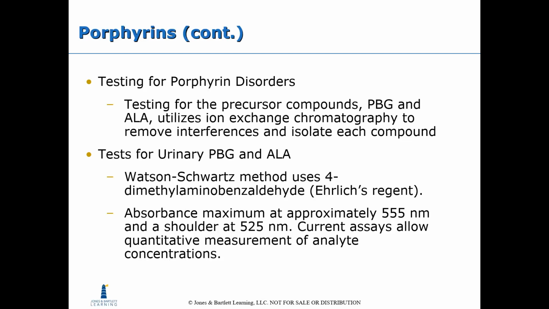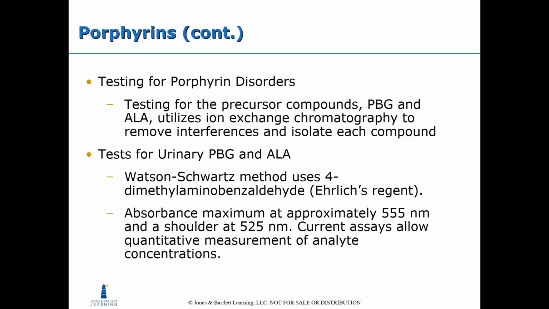Testing for porphyrin disorders, you want to test for the precursor compounds PBG and ALA, and that utilizes ion exchange chromatography. Testing for urinary PBG and ALA uses the Watson-Schwartz method. For dimethylaminobenzaldehyde, or Ehrlich's reagent, it has an absorbance maximum at approximately 555 nanometers and a shoulder of 525 nanometers.